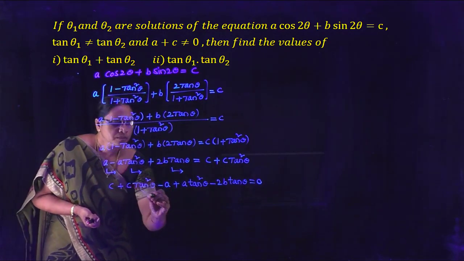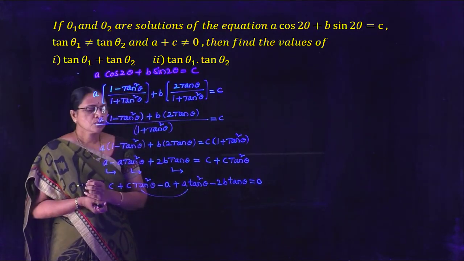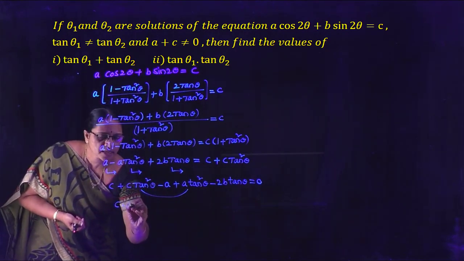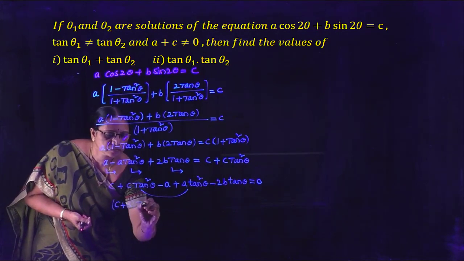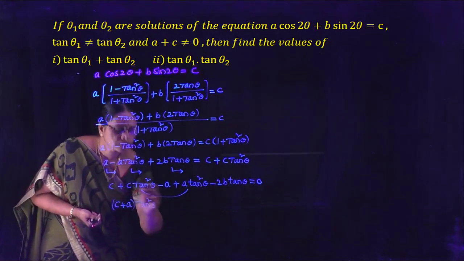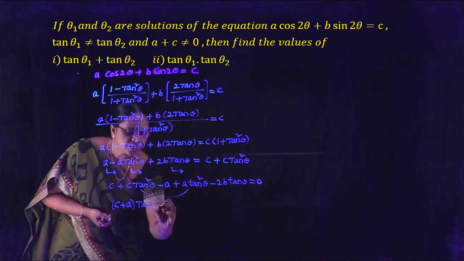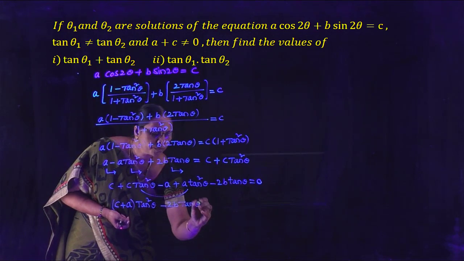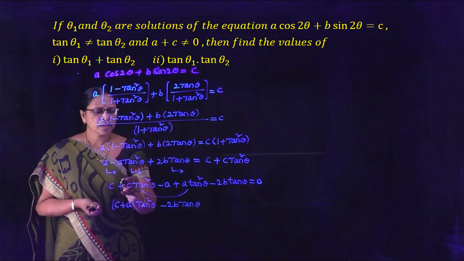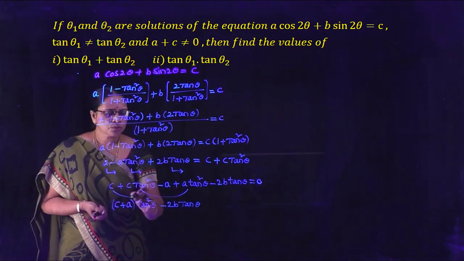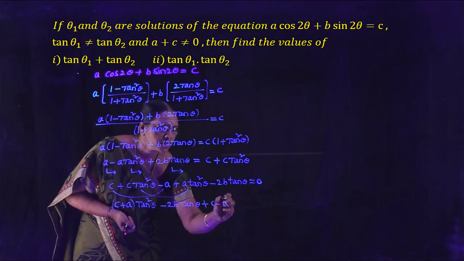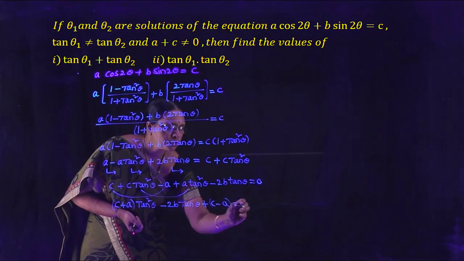From these two terms, tan square theta is common: c plus a tan square theta. Next, minus 2b tan theta, and taking these two terms into one bracket, plus c minus a is equal to 0.